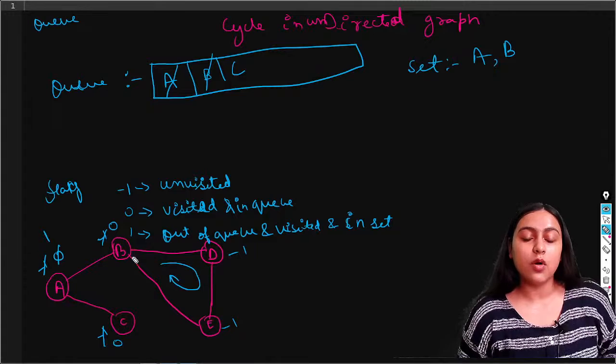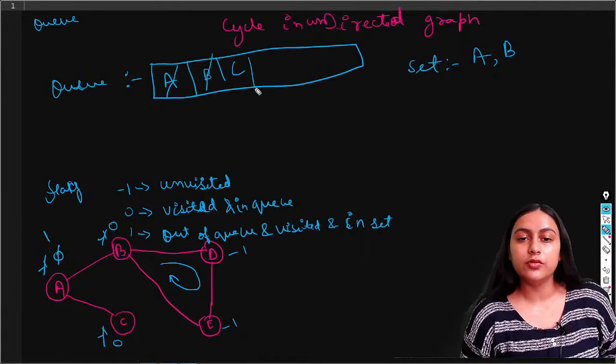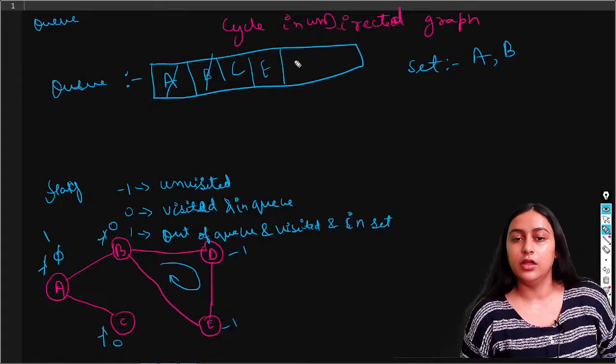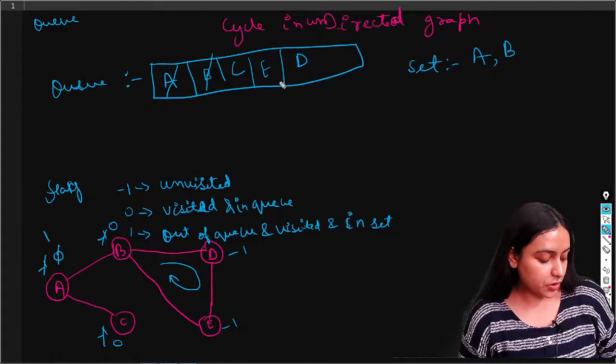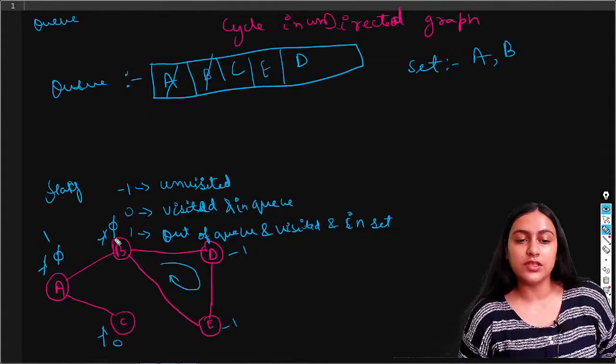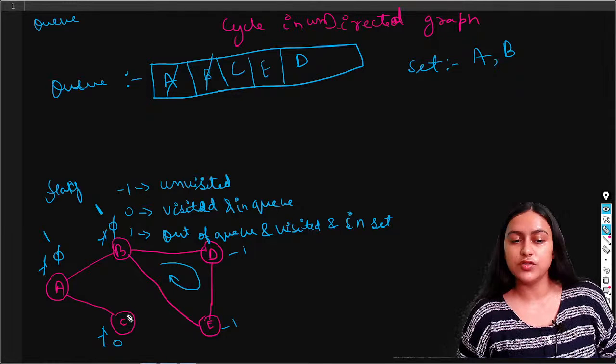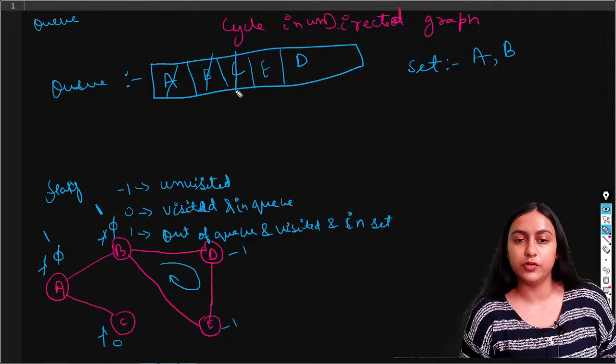Now I will see all the vertices which are neighbors of B. The neighbors of B are D and E. So I'm going to put E and D. In which order you push them is totally your choice. Now next is C. Once I have done this, B will be changed to 1. Now I check whether C has any neighbor. C doesn't have any neighbor, so we are just directly going to remove it from here.